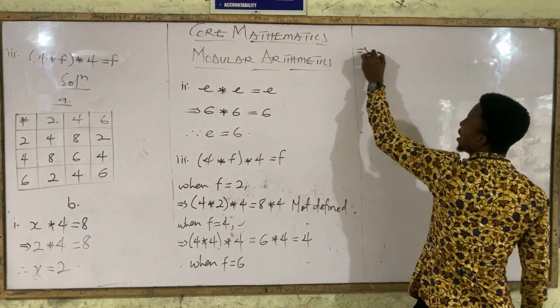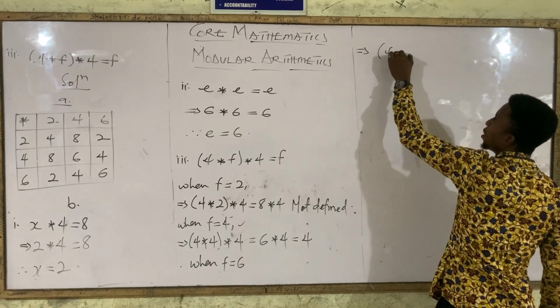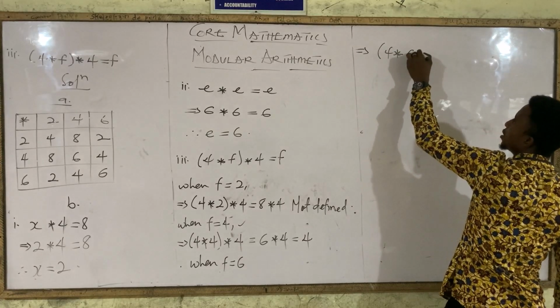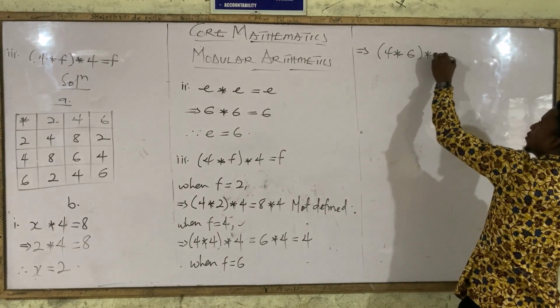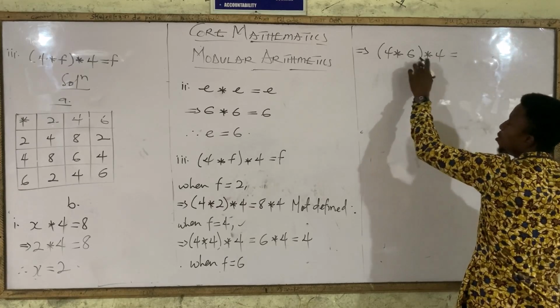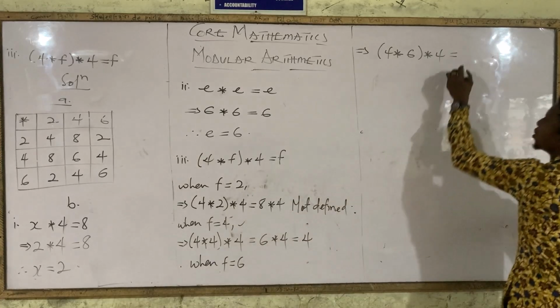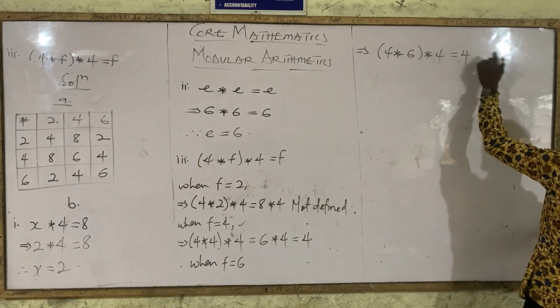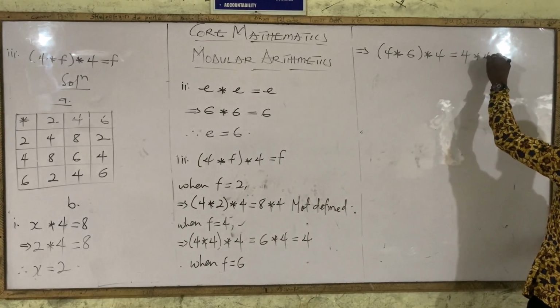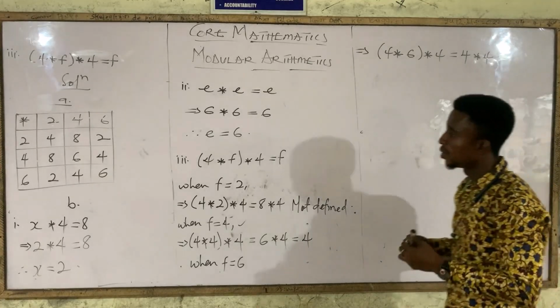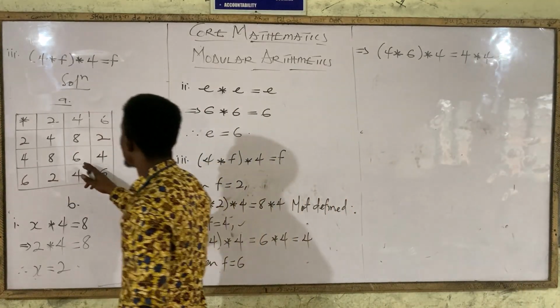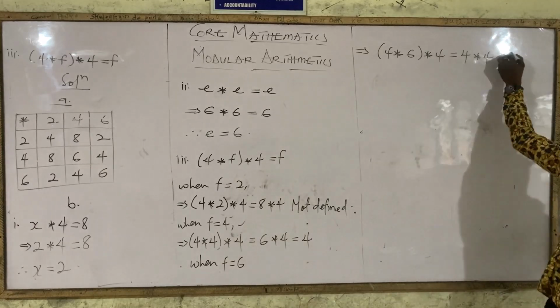So we say this implies that I have 4 operating on 6, operating on 4, which is equal to 4 operating on 6. 4 operating on 6 is what? 4. So I have 4 operating on 4, which is equal to, 4 operating on 4 is what? 6.